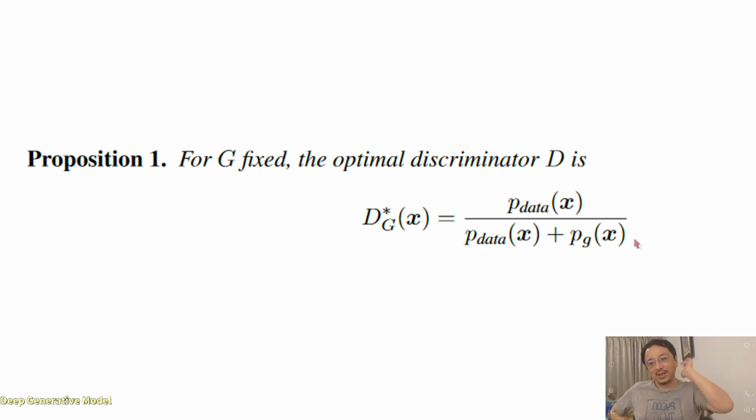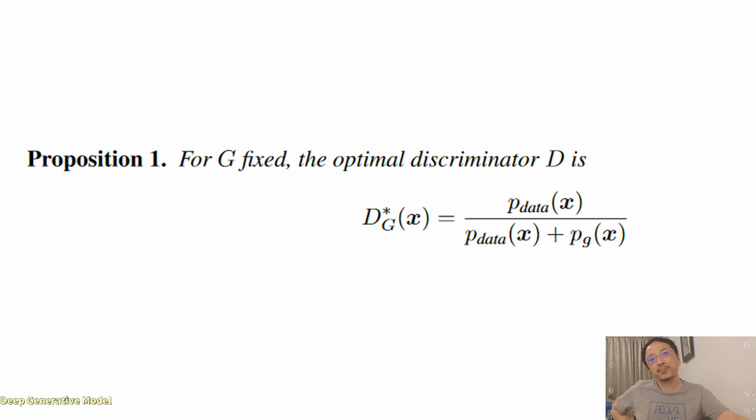You may think, okay, this seems to be almost impossible. How do we know what the solution is? If we already know the solution, why don't we just simply use it? I mean, if we can calculate, we just calculate. We don't need to train the discriminator.